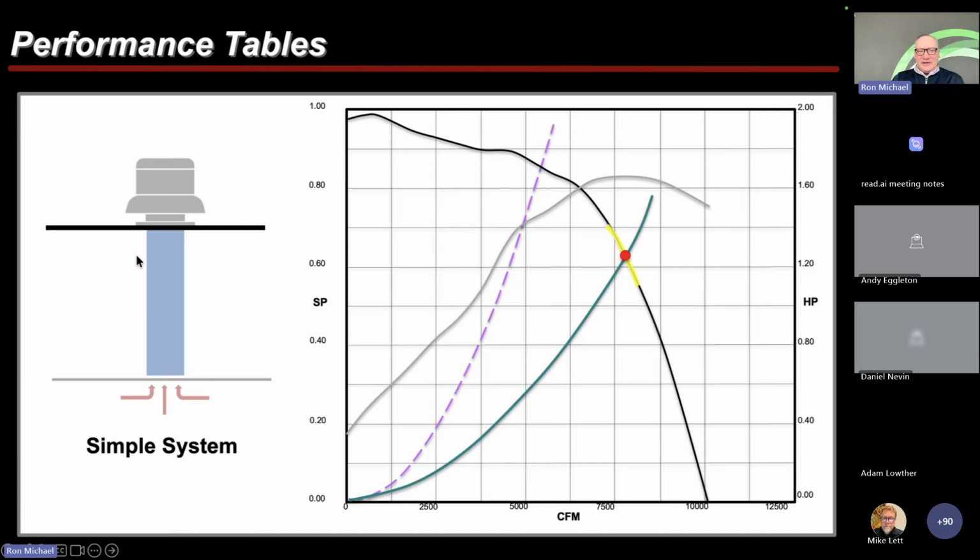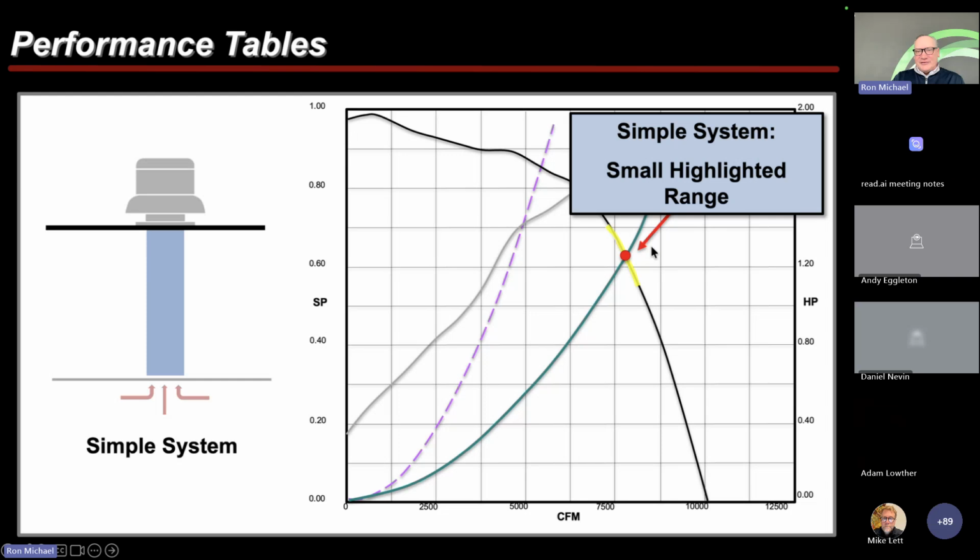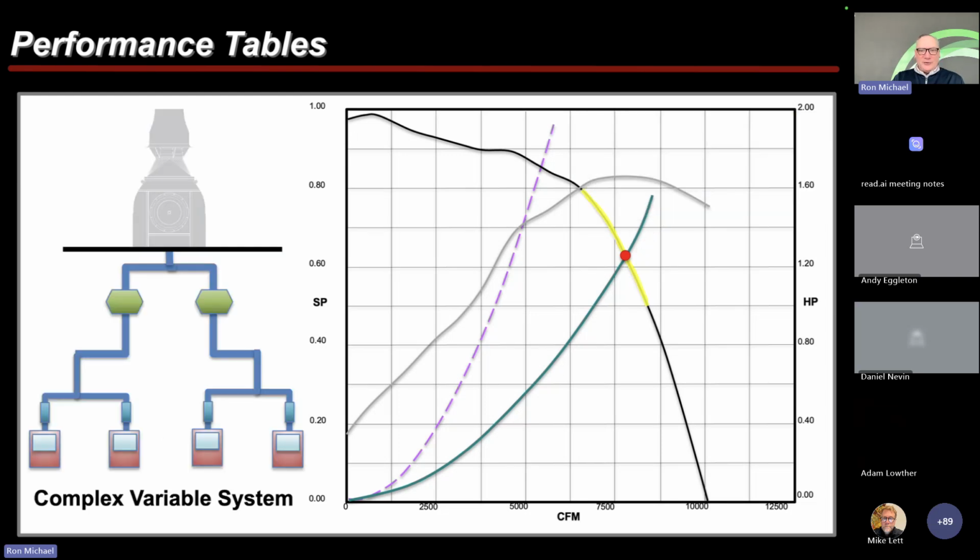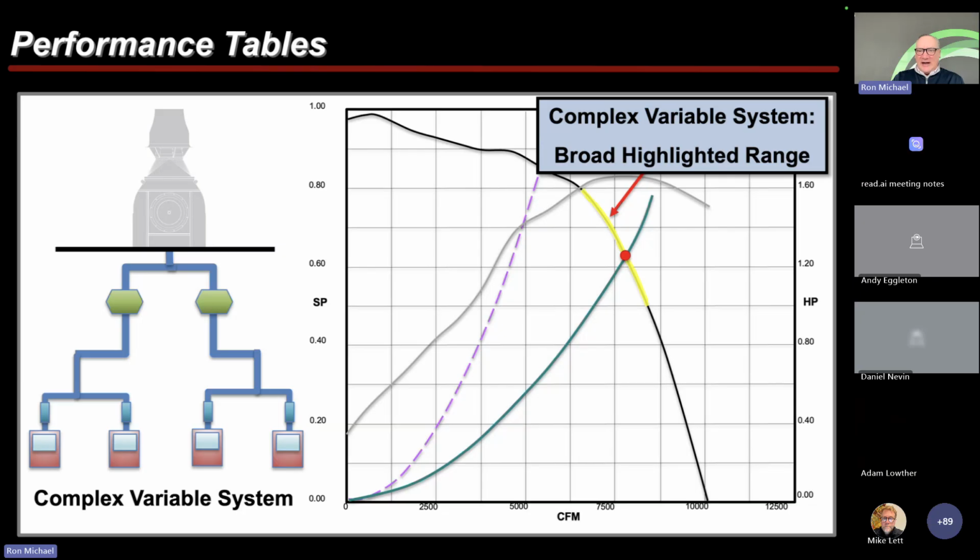If you have a very simple system, you don't really need much of a range. All right. A simple system, you can highlight a small range. If you're doing a much more complicated system, like a lab system or something that's got a lot of different controls, you obviously want to highlight a broad range of where you may operate.